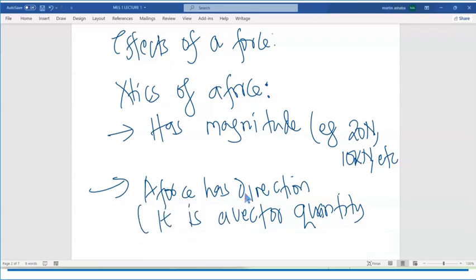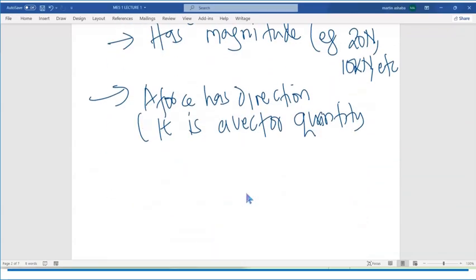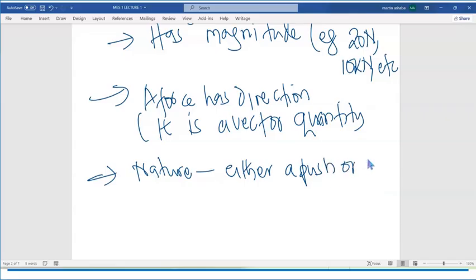So let's say a force has a nature, either a push or a pull, indicated by the arrowhead.